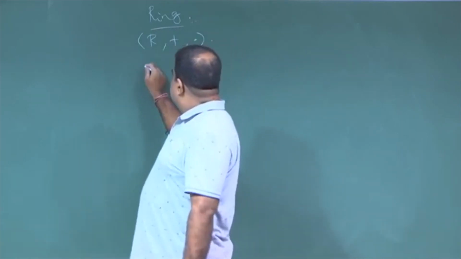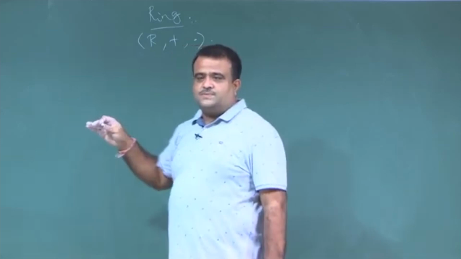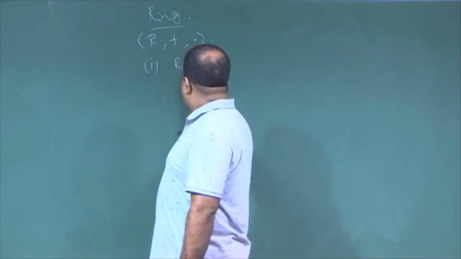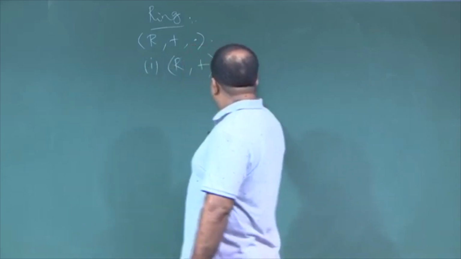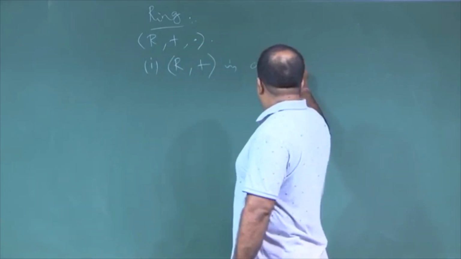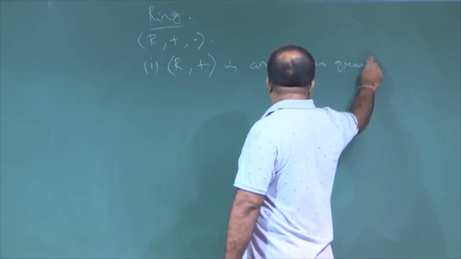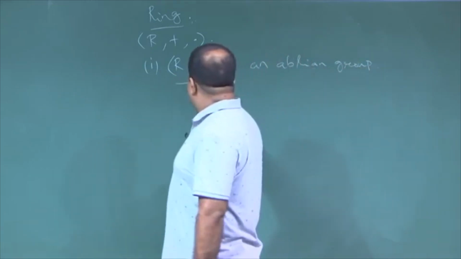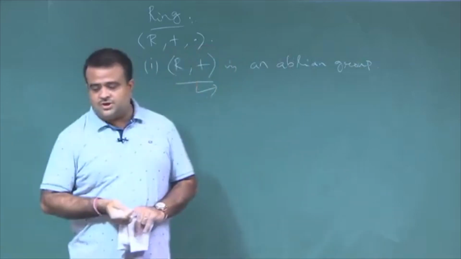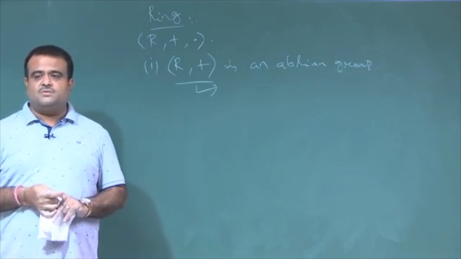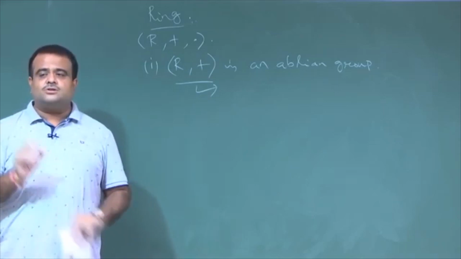Then a ring is basically an algebraic structure which satisfies these properties with these operators. R with plus is an abelian group. Abelian group means it has closure, associativity, existence of identity, existence of inverse for each element, and also commutativity.